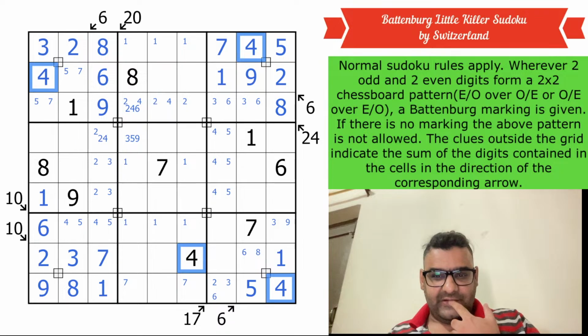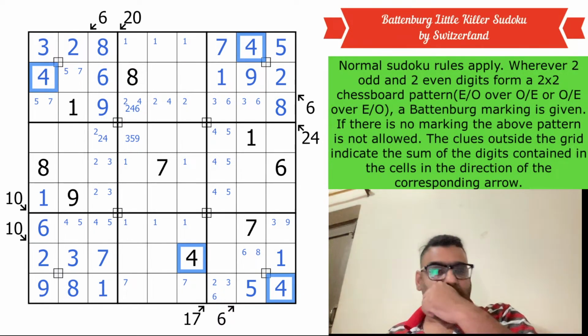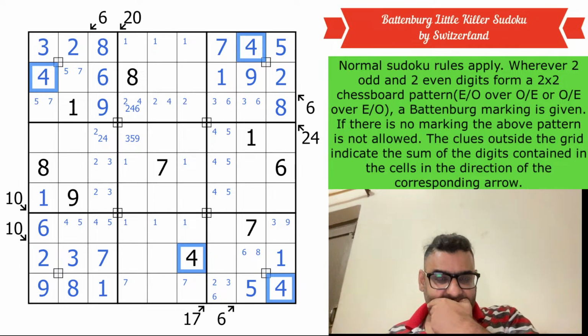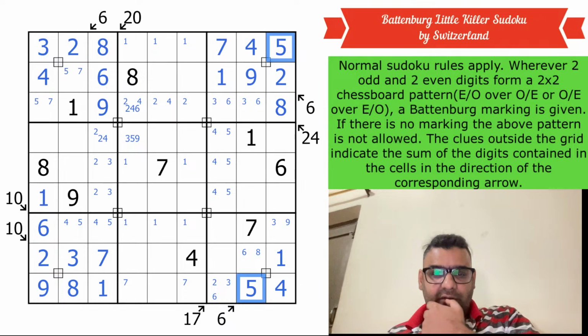Here 4 is not revealed. 4 cannot be here. 4 can be here. 5. Only 2 are here. 3 are here. 4 is here.